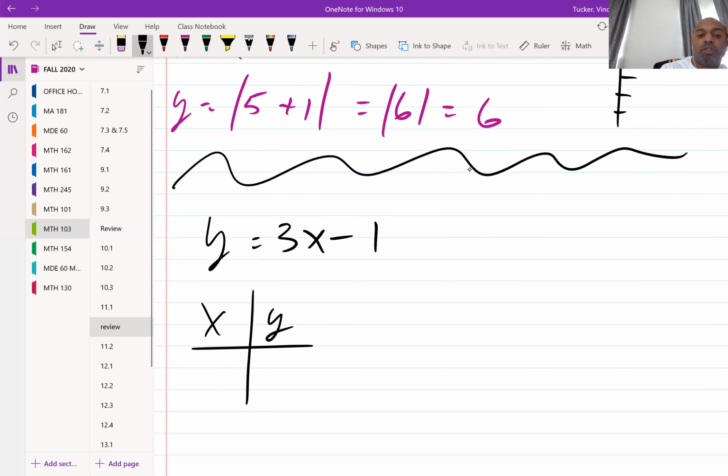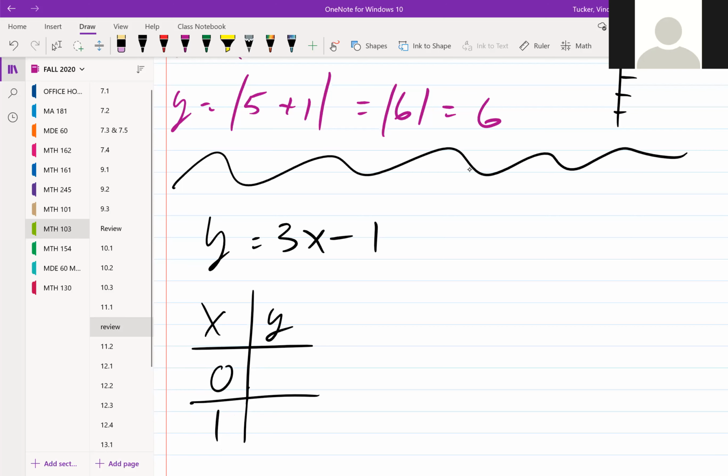Okay. So are there 2 points in particular that you used? Give me 2 points that you used. Well, because you can use anything. So I didn't know if there were 2 points that you used already that didn't work. But it doesn't matter. You can just use 0 and 1. Now, in WebAssign, you only can graph 2 points.